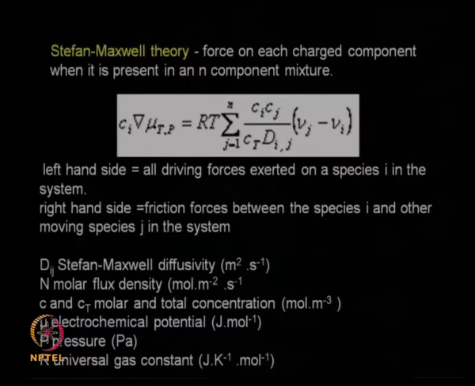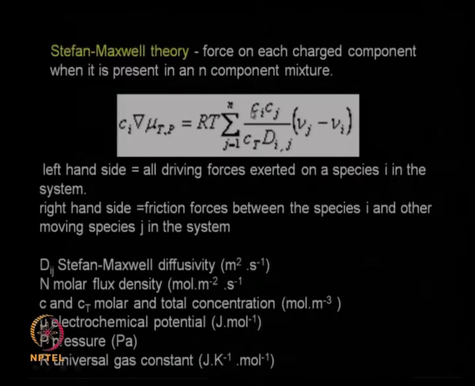Dij is the Stefan-Maxwell diffusivity. So the left hand side is all the driving forces exerted on a species. The right hand side is related to all the friction forces.